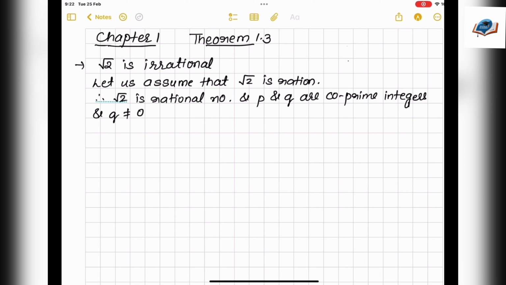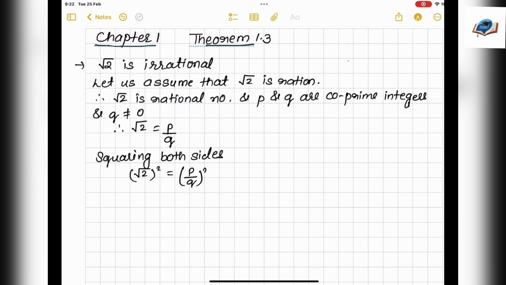Therefore, root 2 equal to P upon Q. Squaring both sides, root 2 whole square will be equal to P by Q whole square. So therefore, 2Q square equal to P square.